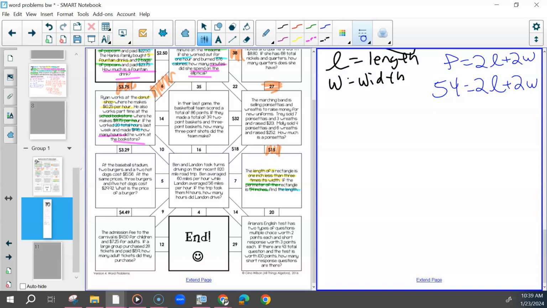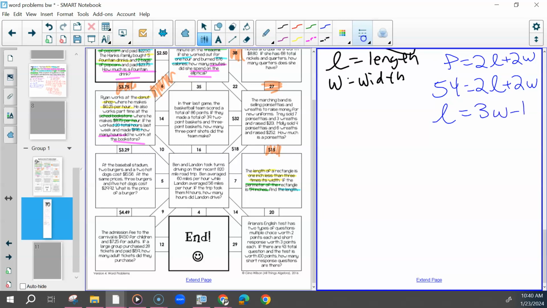How would we set up that first part? The length of a rectangle is 1 inch less than 3 times the width. Talking about the length, so we know it's going to be L equals 3W minus 1.